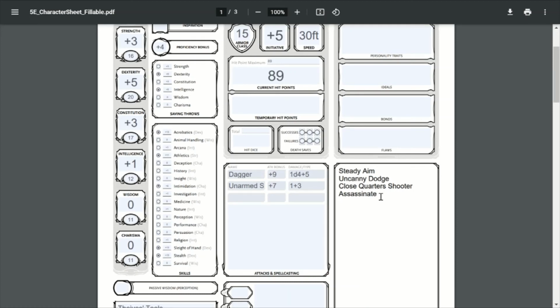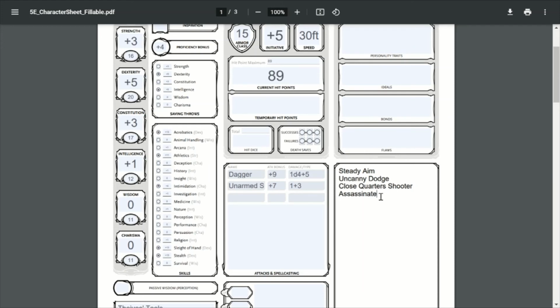You have advantage on attack rolls against any creature that hasn't taken a turn in combat yet. In addition, any hit you score against a creature that is surprised is a critical hit, which is important because let's say I come around the corner and I surprise a goblin. I see a goblin. I throw a knife at the goblin and it instantly becomes a critical hit because it was surprised.